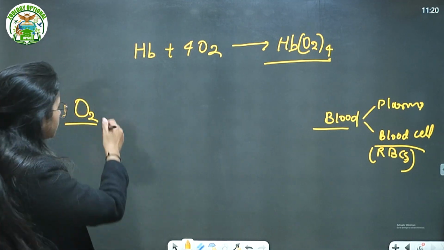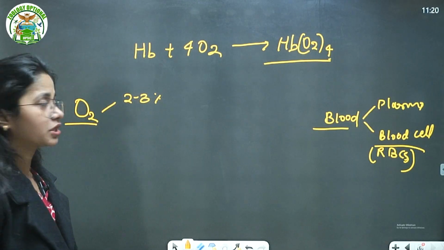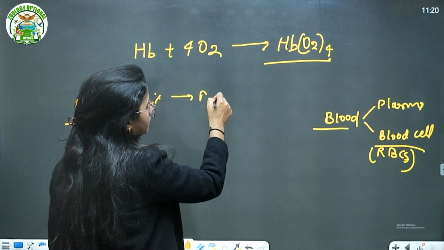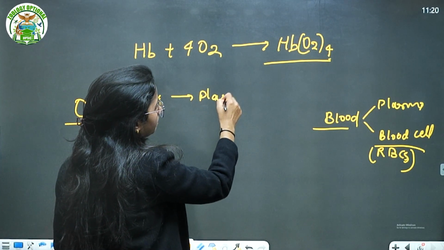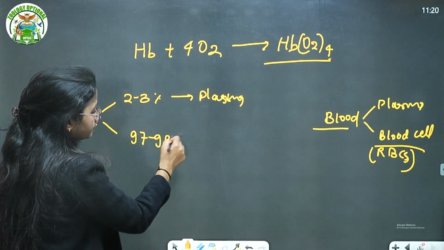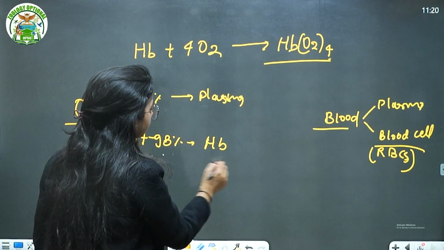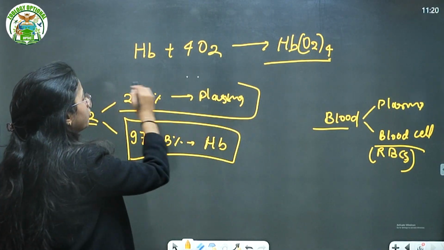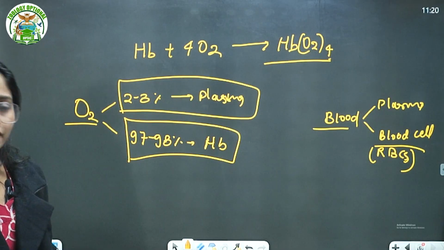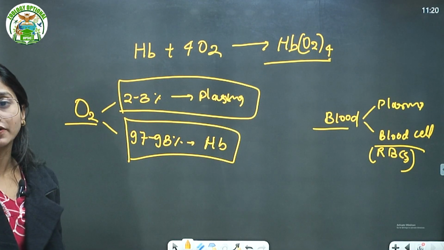Still, around 2 to 3% of the oxygen binds with the plasma. Okay. Then 97 to 98% is bound with the hemoglobin. So when you're talking about the oxygen dissociation curve, you have to know that not the complete amount but 2-3% of oxygen is also bound in the plasma.